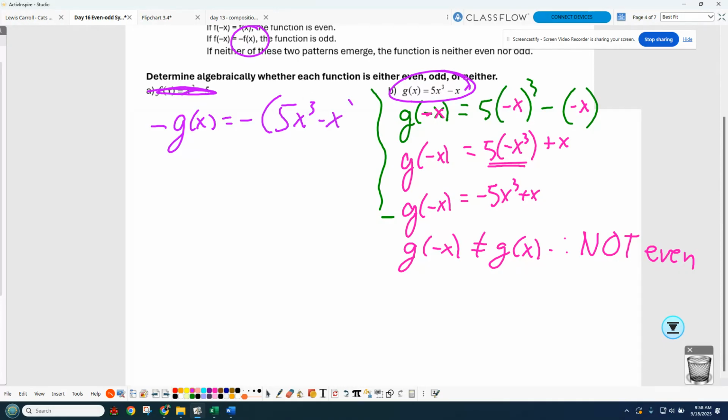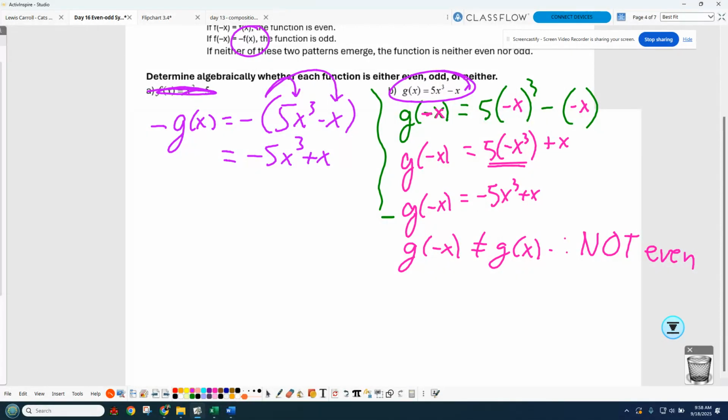So how do I distribute the negative to all the things inside? You just multiply them. Okay, what do I get? Negative 5x cubed plus x.